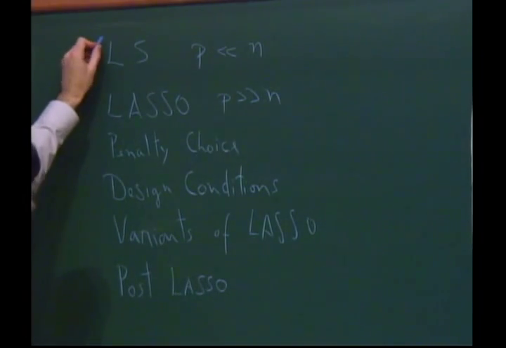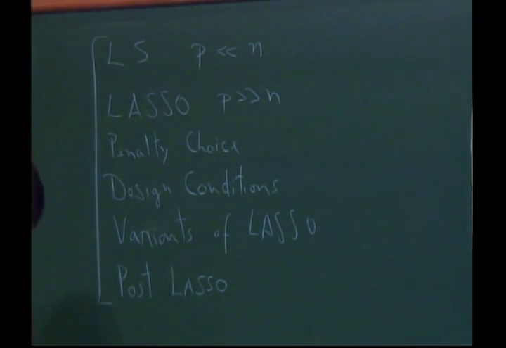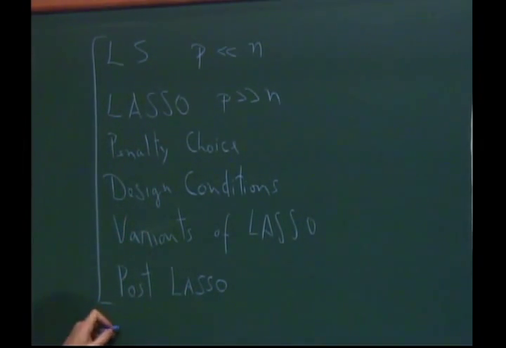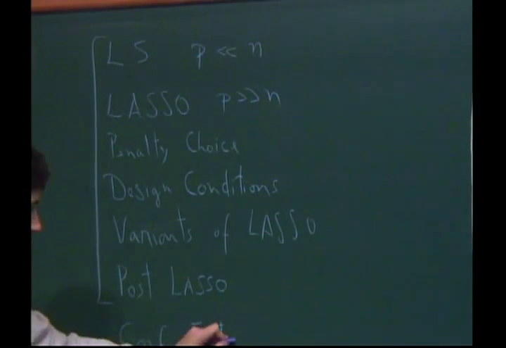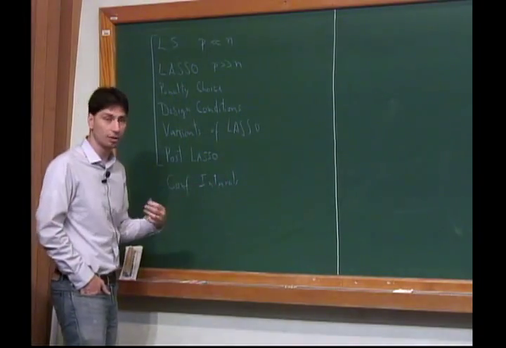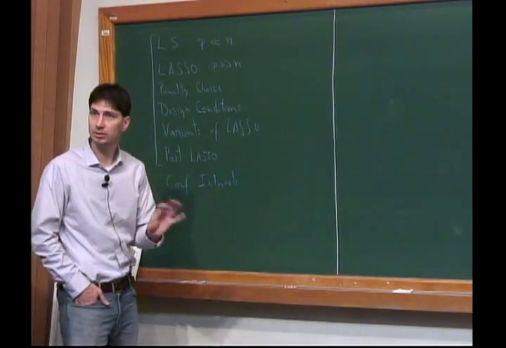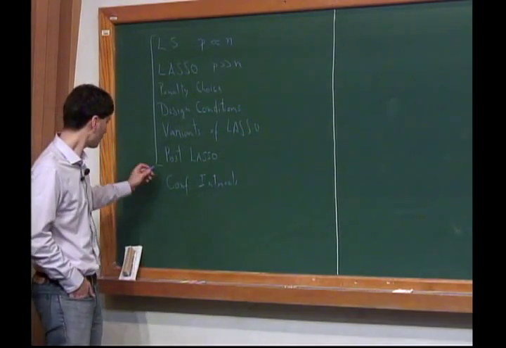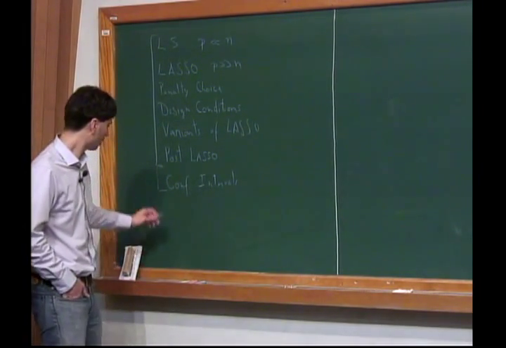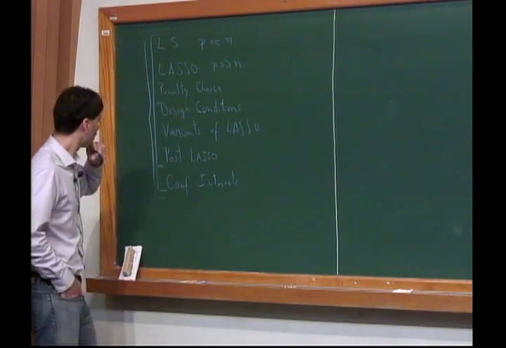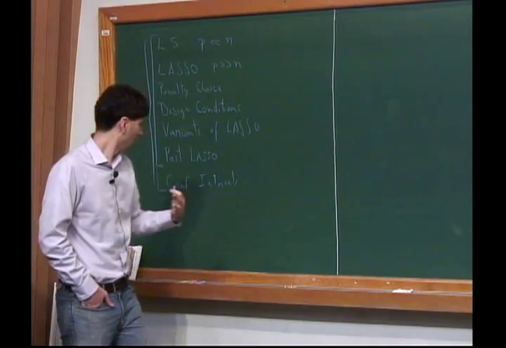So all of that will be concerned with rates of convergence. And then I'll talk about building confidence intervals in this high-dimensional setting, which has some special subtleties that need to be taken care of. That probably will be lecture 4. And everything is going to be done in the context of linear models.